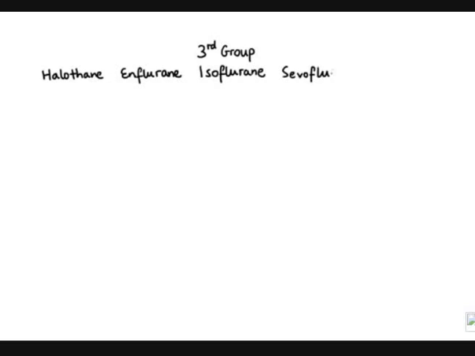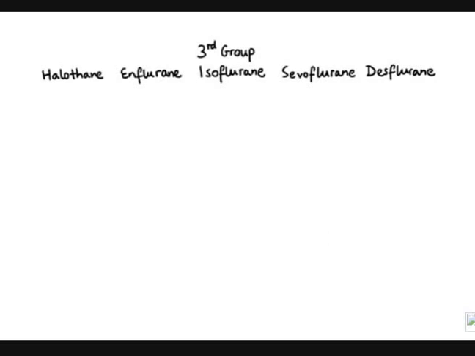Now let's move on to the third group of general anesthetics, which consists of halogenated volatile anesthetics: halothane, enflurane, isoflurane, sevoflurane, and desflurane. In contrast to Group 1 and 2 drugs, Group 3 drugs have a more diverse mechanism of action and are more potent at producing immobility.